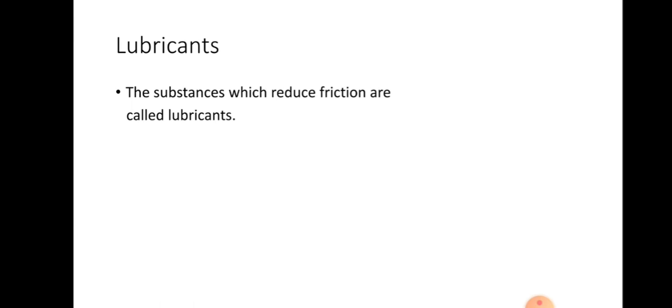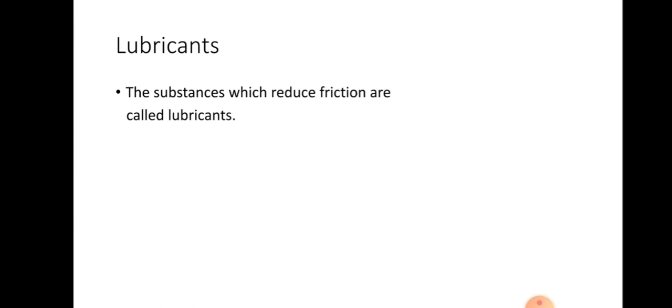In that situation, we can use an air cushion. An air cushion is provided between the two moving parts, so direct contact is avoided. For these purposes, to reduce the friction, we use lubricants.